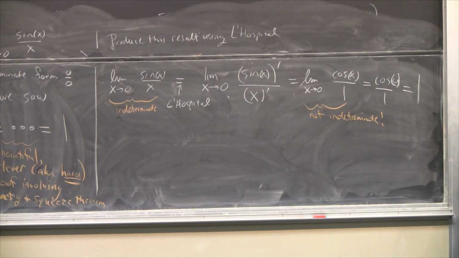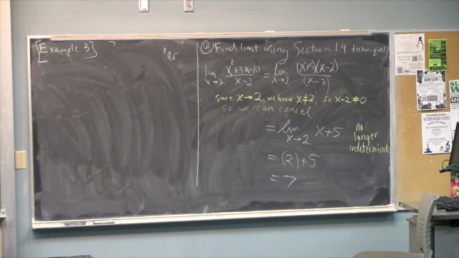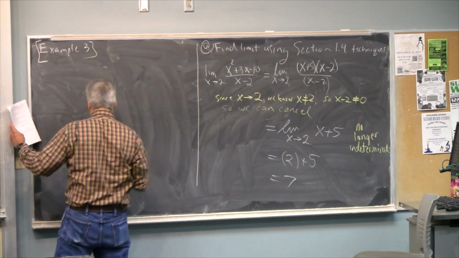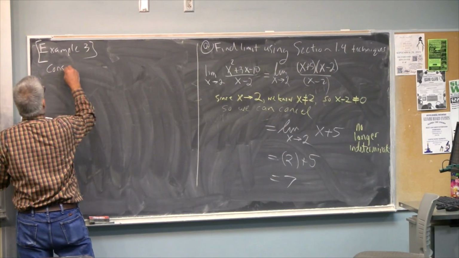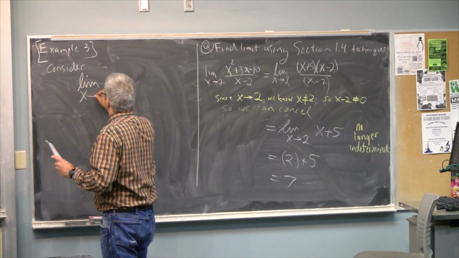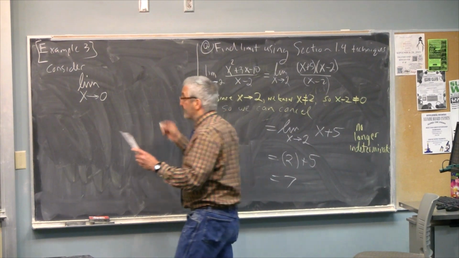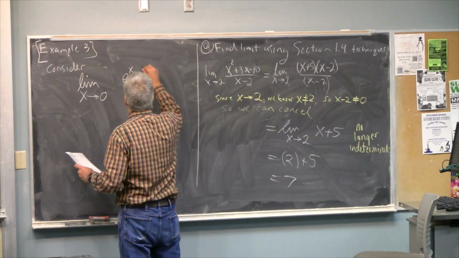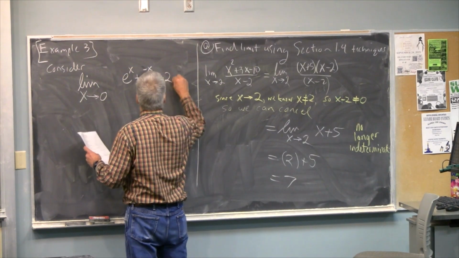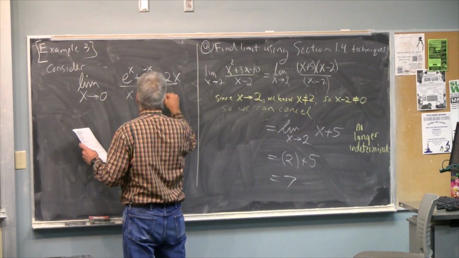Okay, example 3. Consider this limit. The limit as x approaches 0 of e to the x plus e to the minus x minus 2x on top and x minus sine x on bottom.